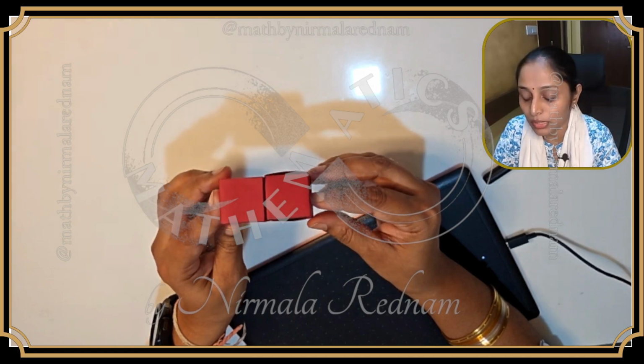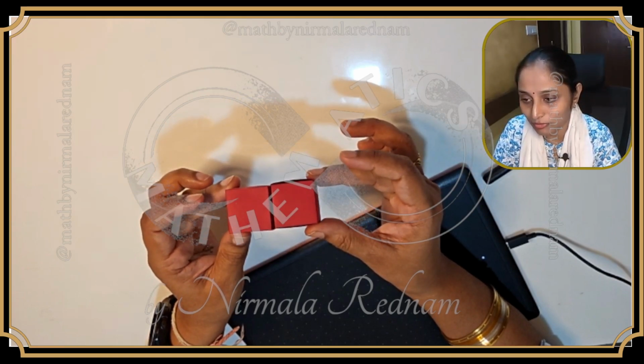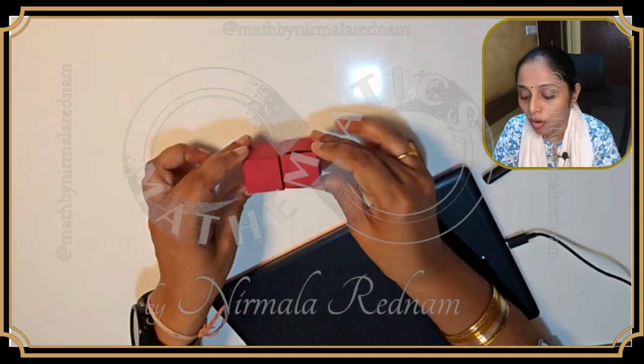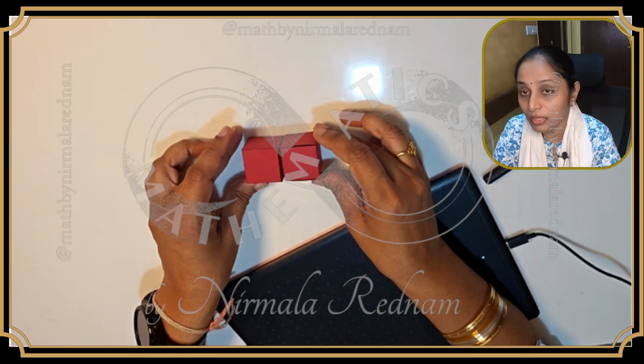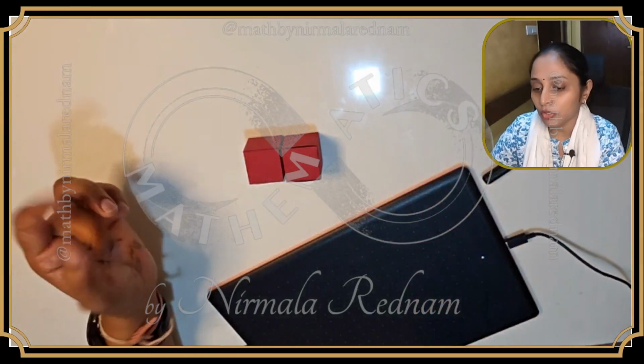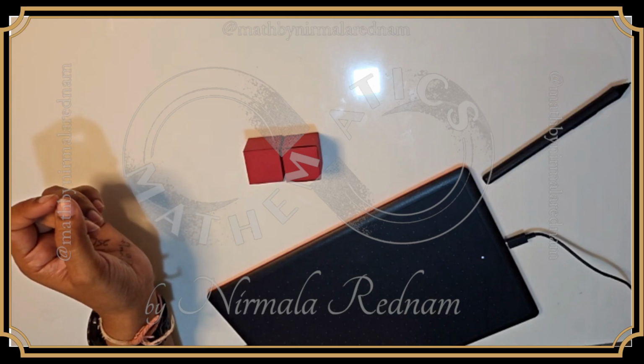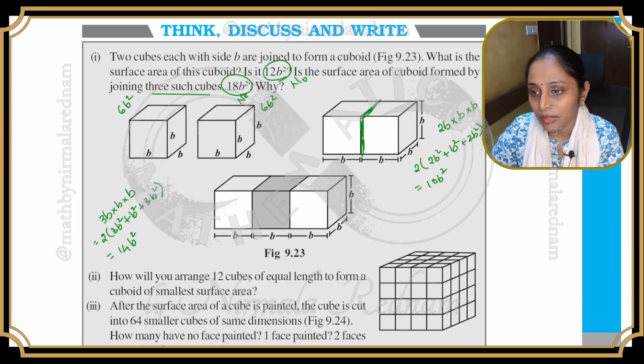They are no more on the surface of the cuboid that we get, right? Therefore, of the 12B square that we initially expected, 2B squares get subtracted, and that is how you're going to get 10B square. We've got 10B square, right?